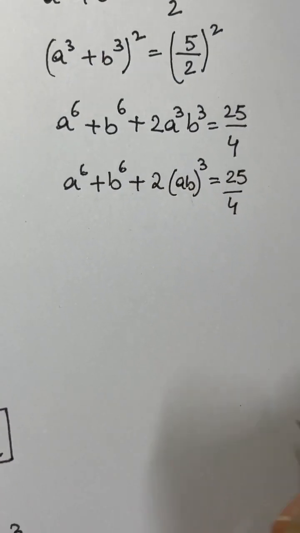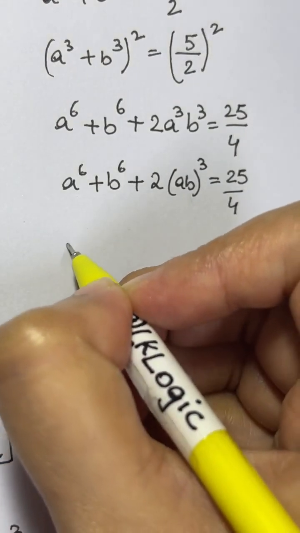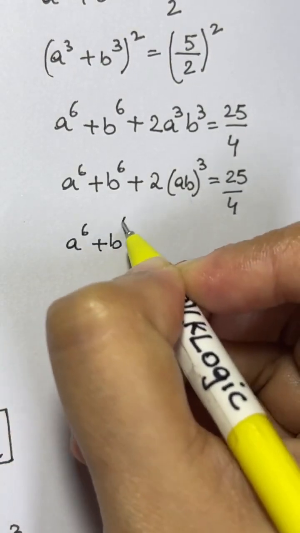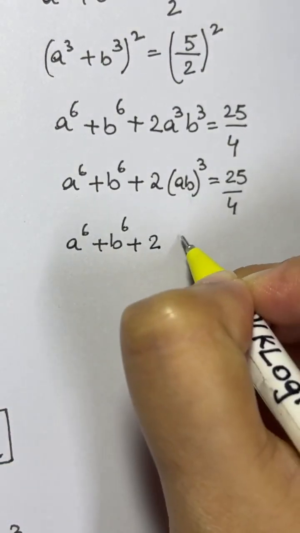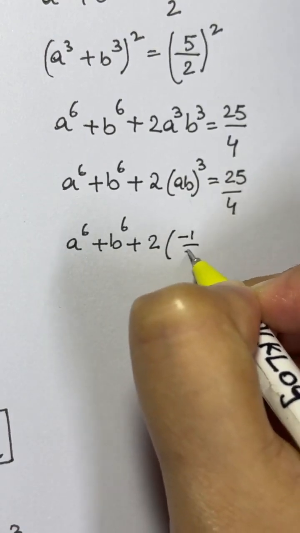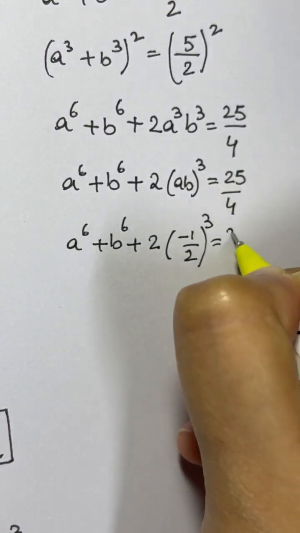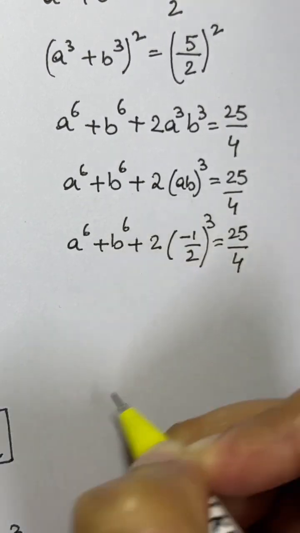Now what can we do? ab, as we already know, I'm going to substitute that, plus b to the power of 6 plus 2 into negative half the whole cube is equal to 25/4.